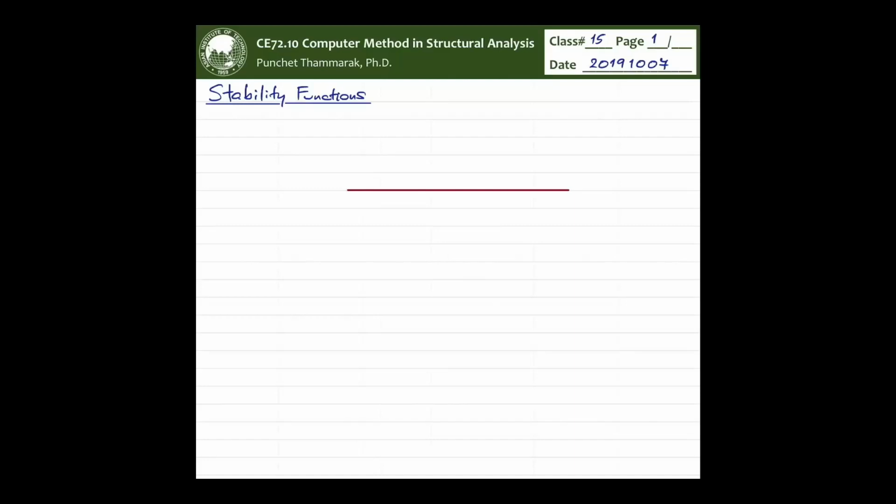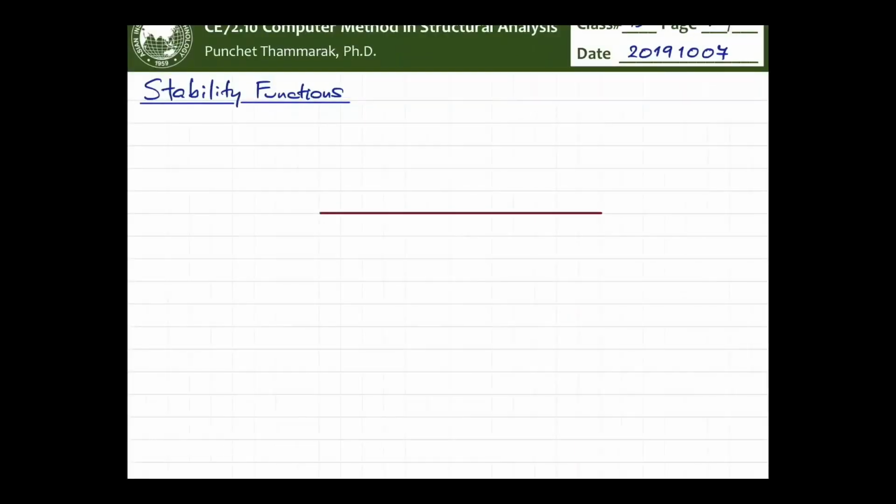But in order to obtain this stiffness, it will require the presence of the axial force. So we need to write the equilibrium equation based on the deformed configuration. Right. Previously, we did everything based on the original configuration. But now, once we look at the deformed configuration, we'll be able to account for the second order effect.